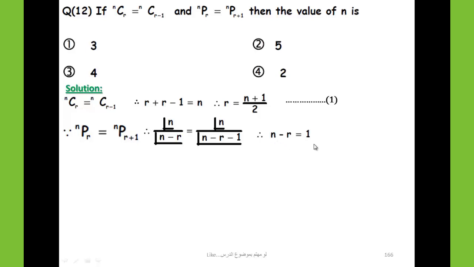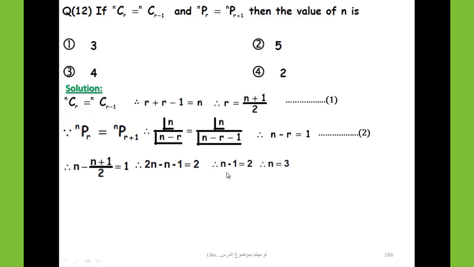n minus r equals 1, but r equals (n plus 1) over 2, so we can substitute from 1 and 2 the value of r. What we get? We get n minus (n plus 1) over 2 equals 1. Simplify it, multiplying both sides by 2, we get 2n minus n minus 1 equals 2.